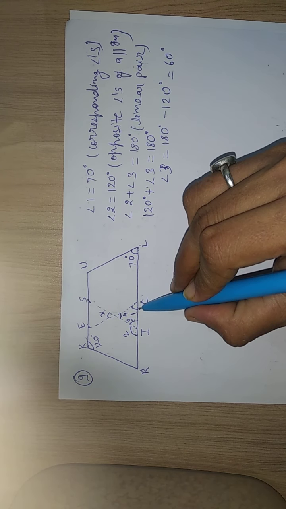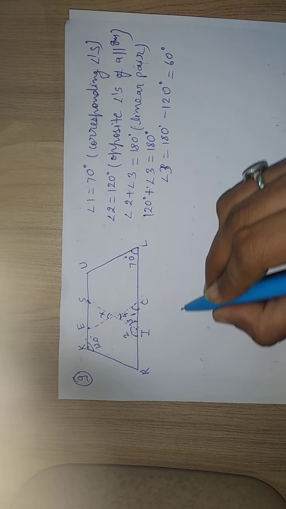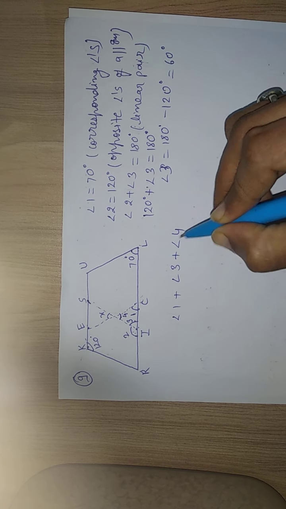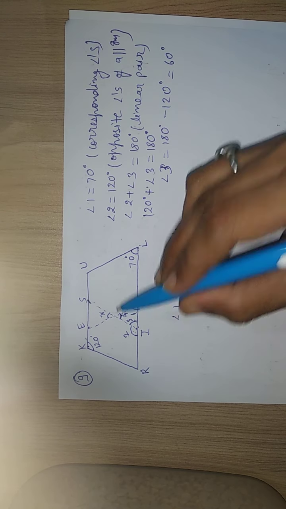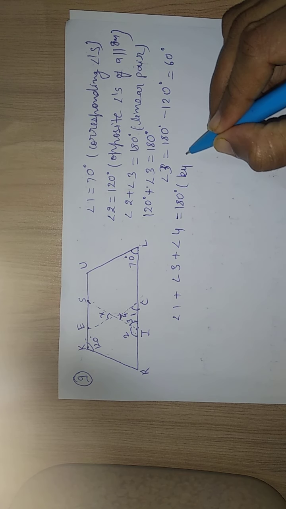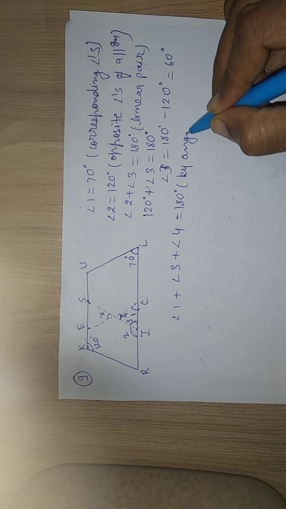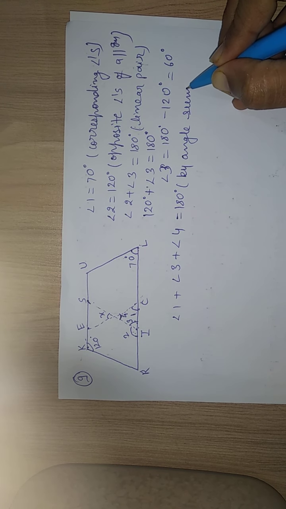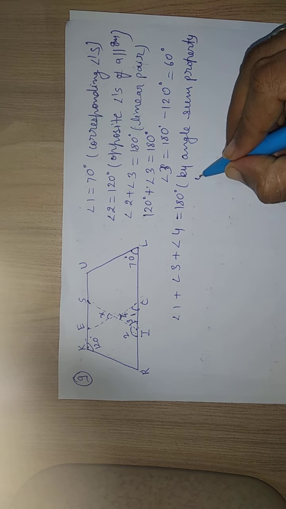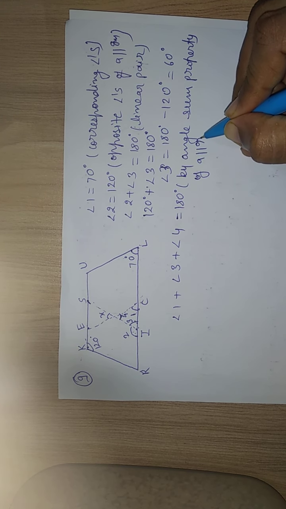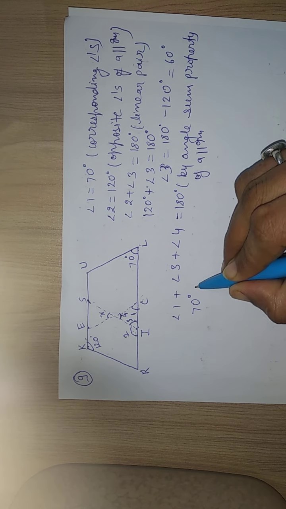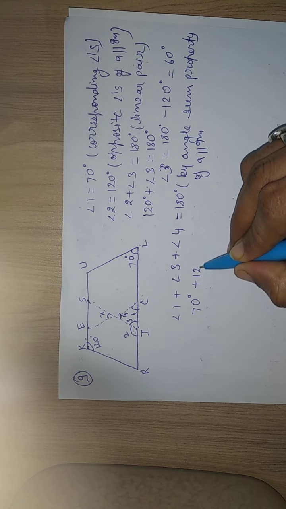Now in this triangle, angle 1 plus angle 3 plus angle 4 is equal to 180 degrees, by the angle sum property. So the value of angle 1 is 70 degrees, angle 2 is 120 degrees, and angle 3 is 60 degrees.